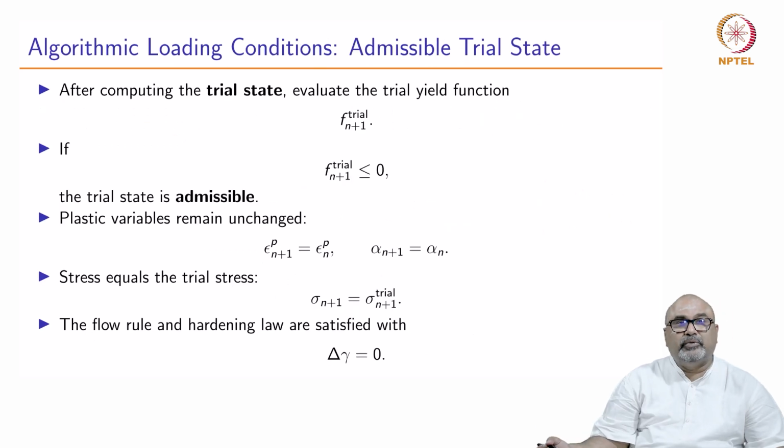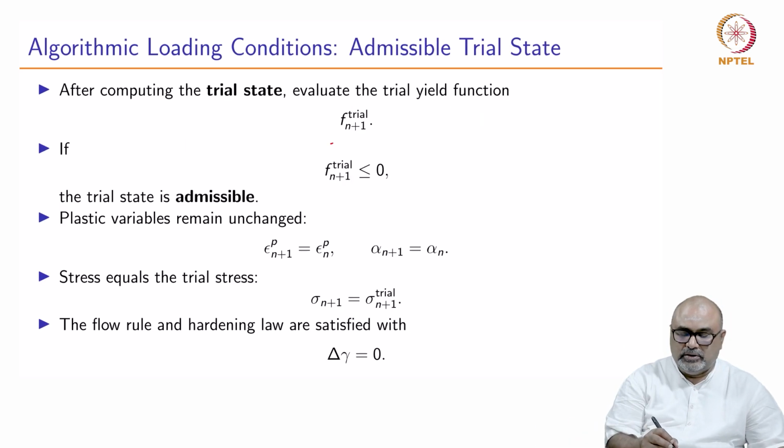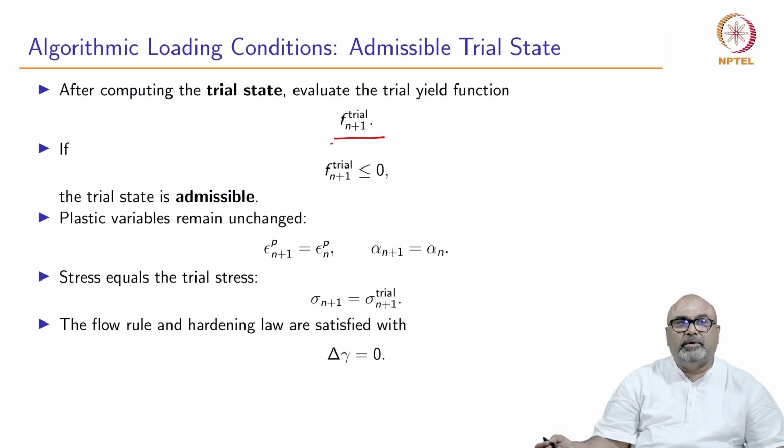After computing the trial state, once we know the yield function value F n plus 1 trial, we need to check if F n plus 1 trial is less than or equal to 0. If this trial state is admissible, the stress state is an elastic state and an admissible stress state, then we say that the plastic variables remain unchanged.